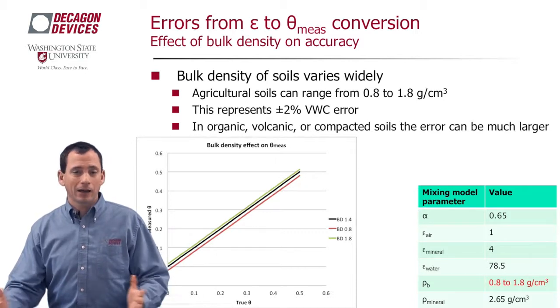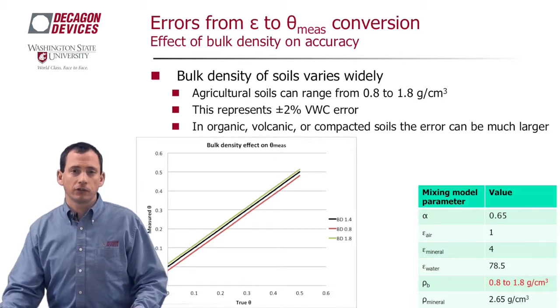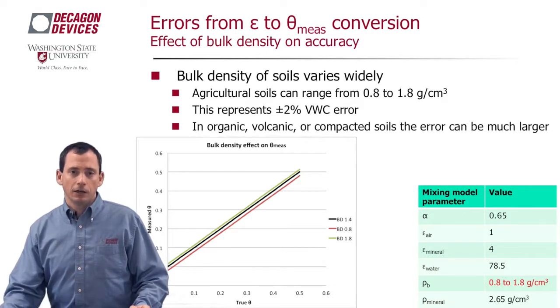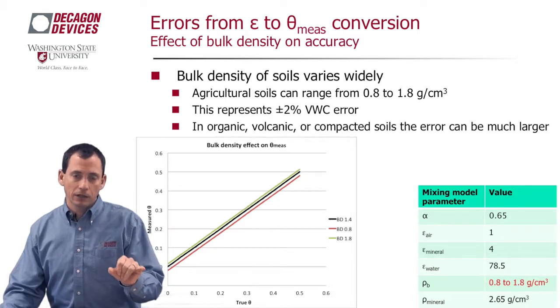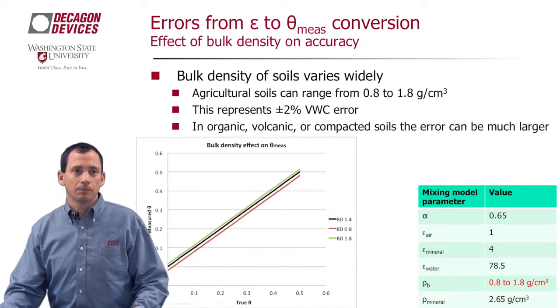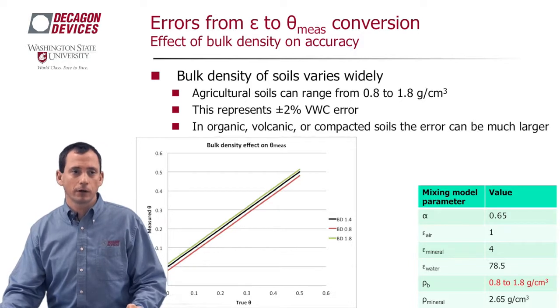So in agricultural soils, we typically look for bulk densities in the range of 0.8 to maybe 1.8 grams per cubic centimeter. If you vary that bulk density parameter in the mixing model from 0.8 to 1.8, that gives you about a plus or minus 2% error in measured volumetric water content.